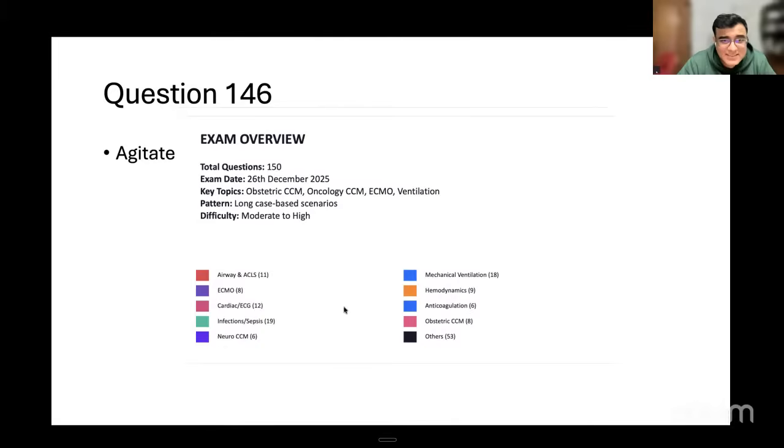Cardiac ECG were 12. Hemodynamics were 9. Anticoagulation was 6. Infection and sepsis were 19. Obstetrics was around 8. Neuro was 6. And others were around 50. Okay, a lot of questions from antibiotics and from mechanical ventilation also.